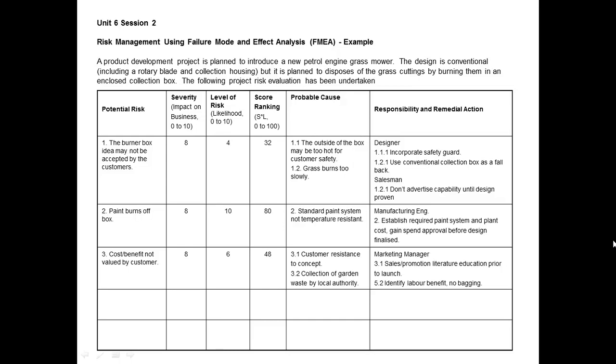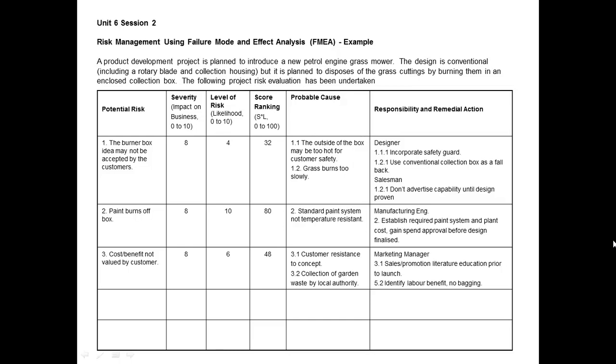The next heading is level of risk, its likelihood. We might identify a severe risk, but if it is never going to occur and it's therefore zero, then it has no impact. You notice that both severity and level of risk have a scale, in this case 0 to 10. There's nothing magical about those scales.